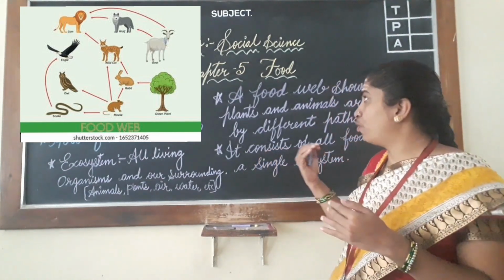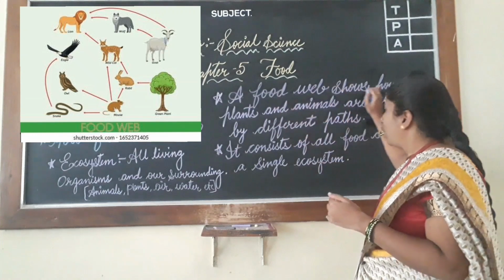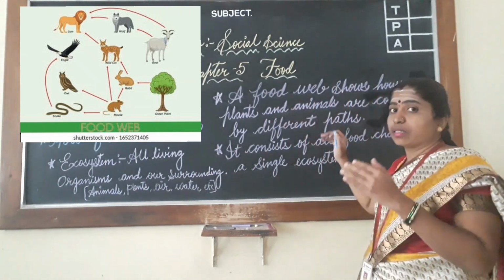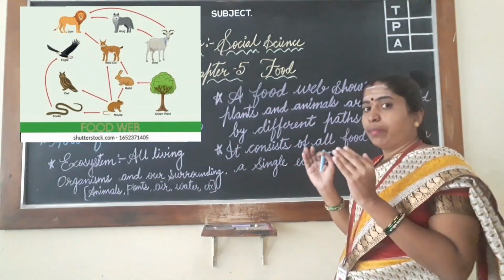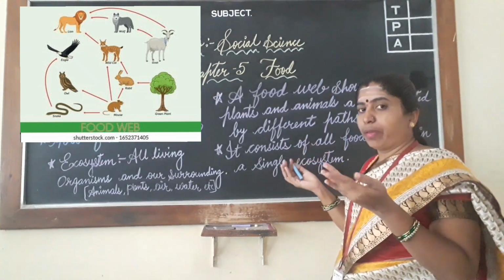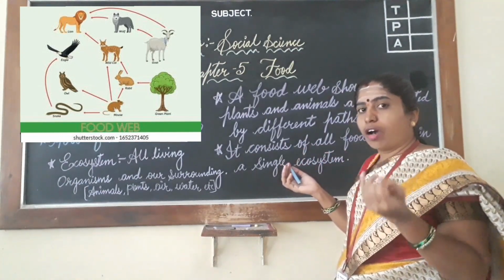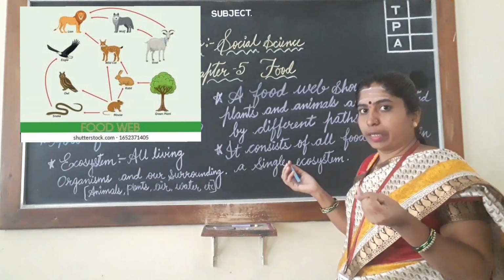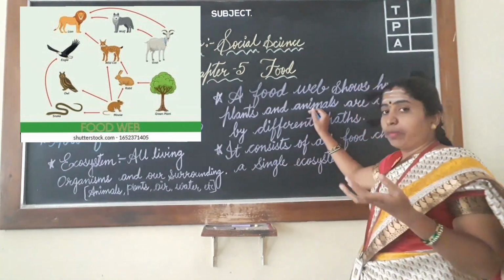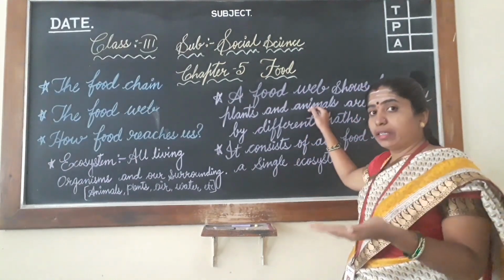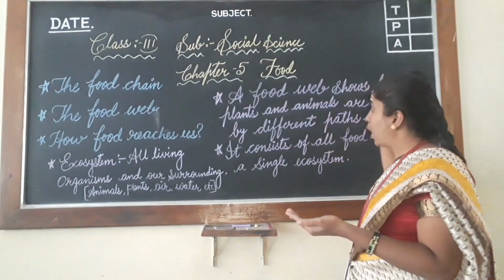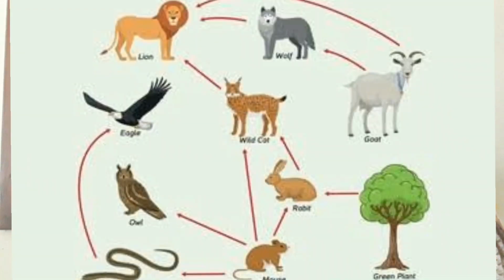So that is called food chain. Here you see how plants and animals, with one plant, that plant may be eaten by goat also, horse also, cow also, isn't it? Then other animals will eat those animals. So how plants and animals are connected by different paths.